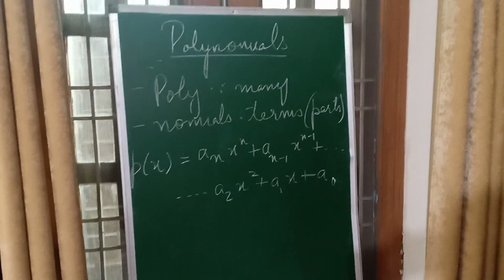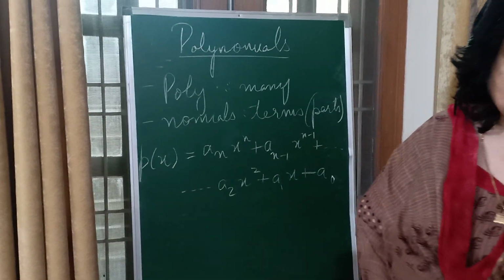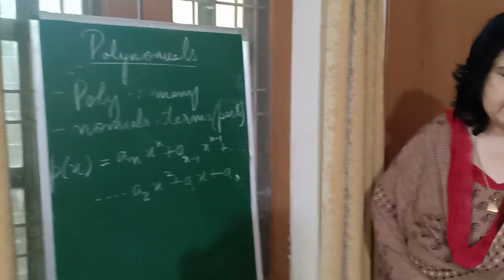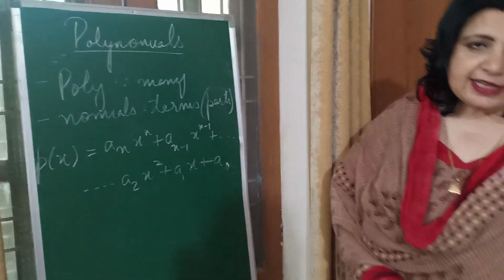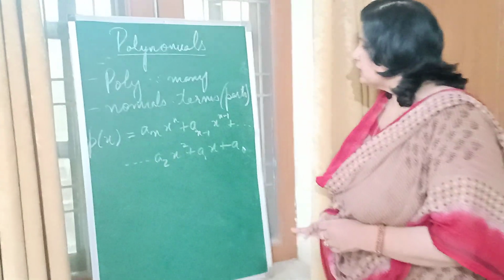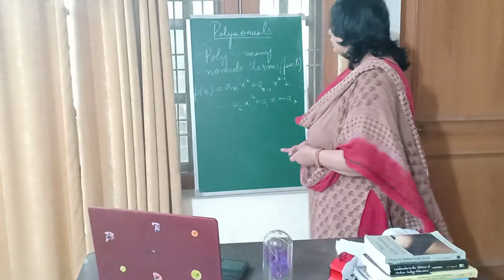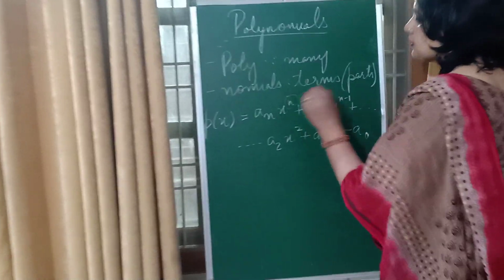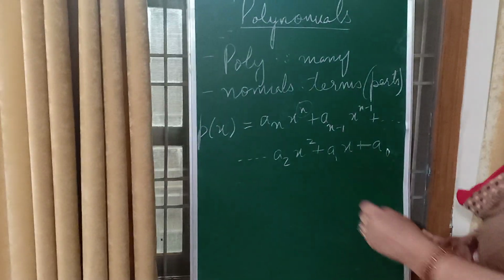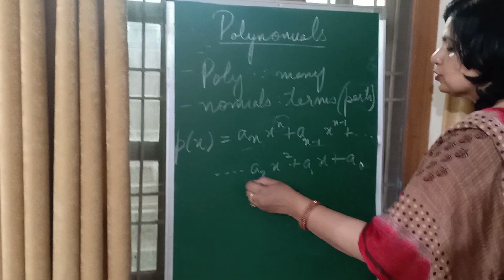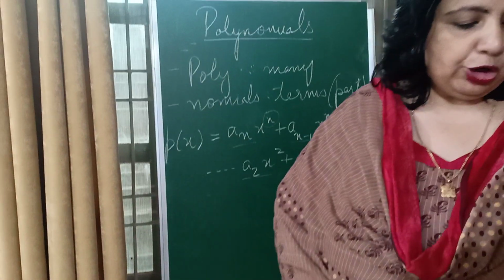This is the general form of a polynomial, where a_0, a_1, a_2, a_n are respectively the coefficients of x^0, x, x^2 and so on till x^n, and n is called the degree of the polynomial. Each of these is a term of the polynomial.